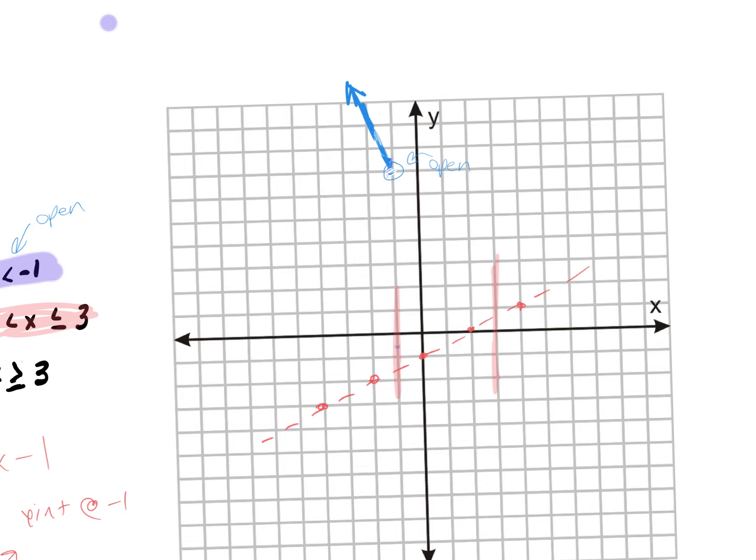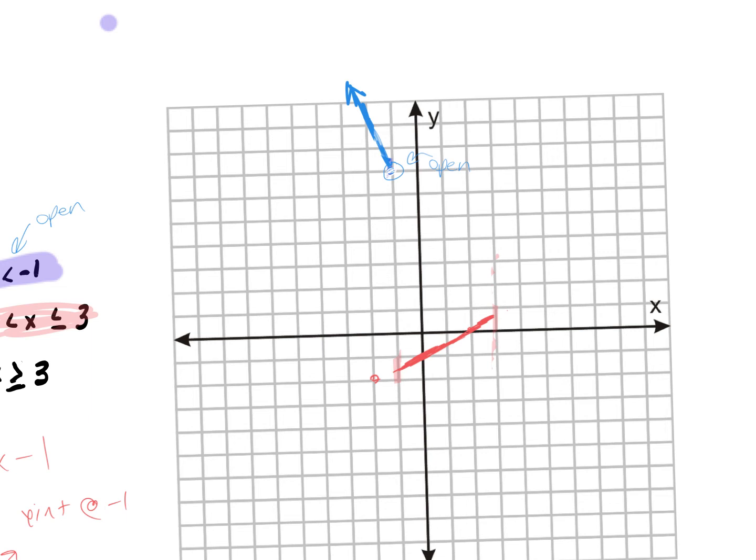It's in the middle, right? So what part of my line do I want to keep? The stuff in the middle. I want all the stuff that's between those two values of where x is -1 and where x is +3. Now I can erase all the other stuff. I don't need it. We're good here.